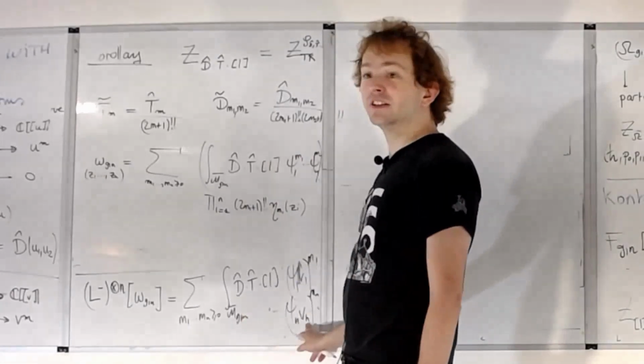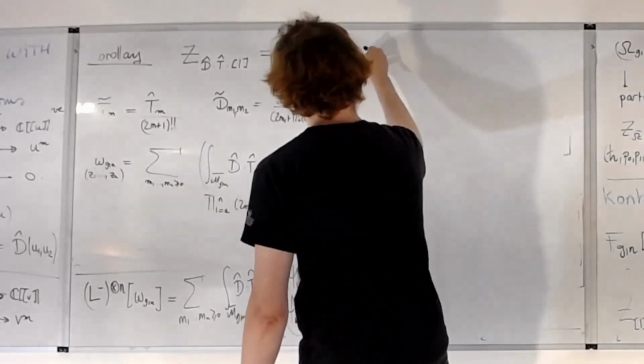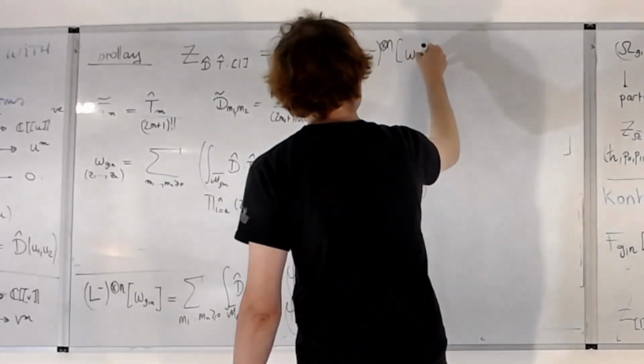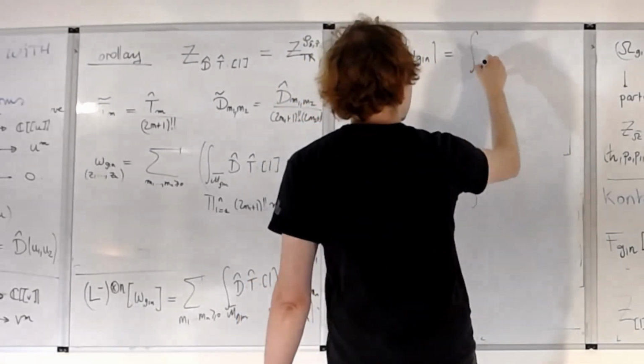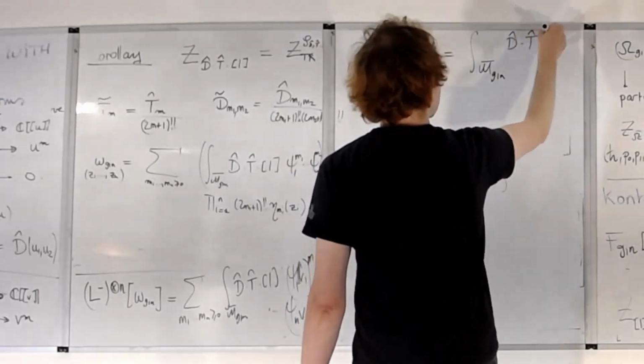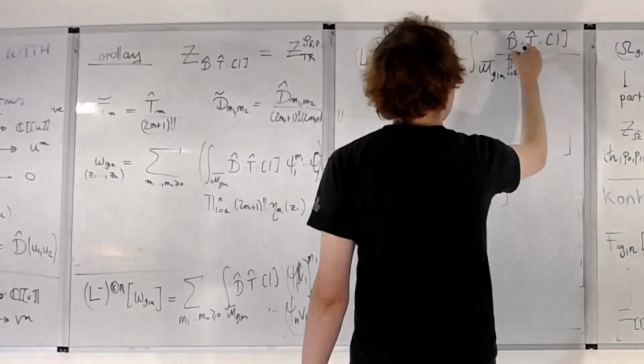And this sum is nice, it's a geometric series, so I can rewrite it in a more compact way: an integral over M_g,n of the class divided by this.